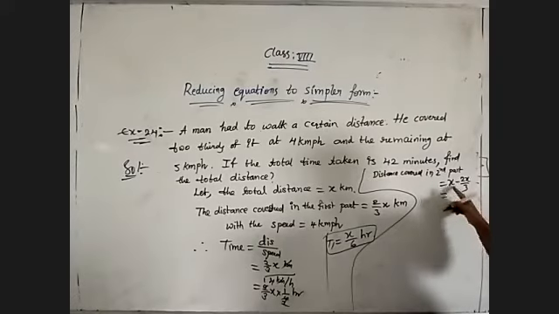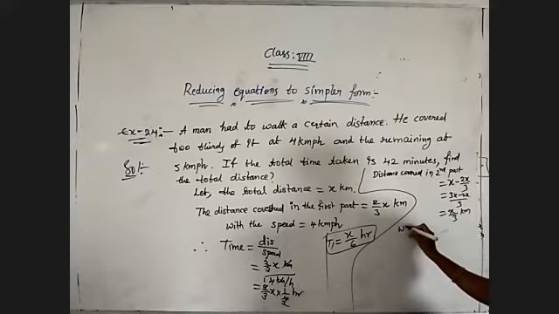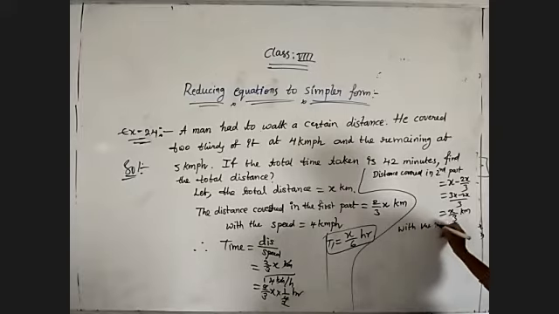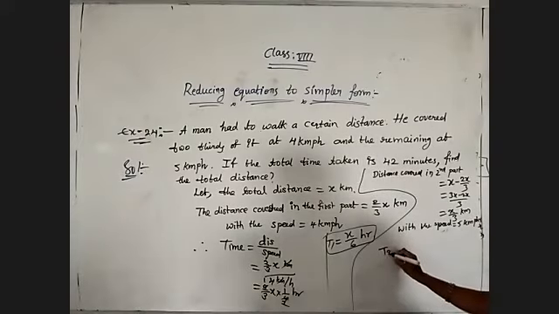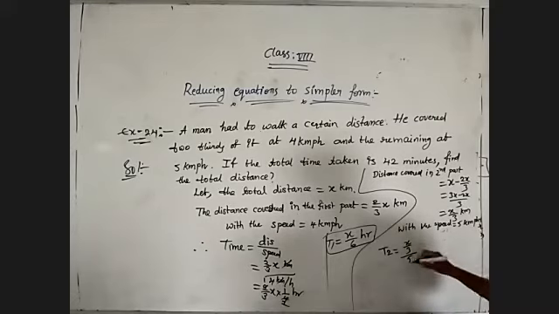So it is x minus 2x by 3, which is 3x minus 2x by 3, that is x by 3 kilometers, the distance covered in the second part, with the speed of 5 kilometers per hour. Therefore, time is distance by speed as usual. Distance is x by 3 kilometers by 5 kilometers per hour, which is x by 5 3s are 15 hours.